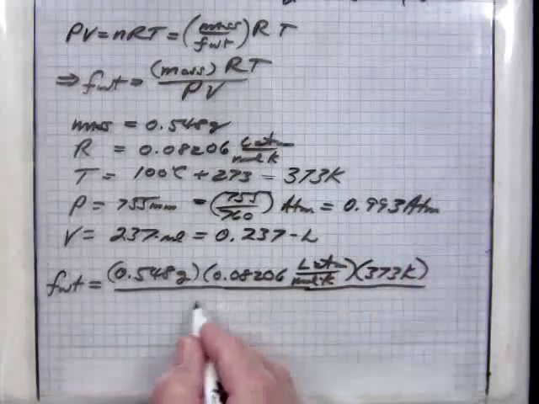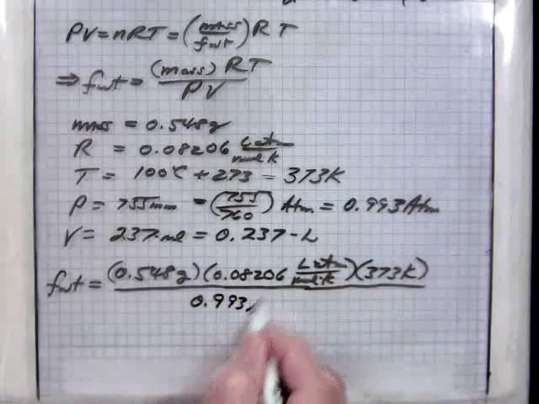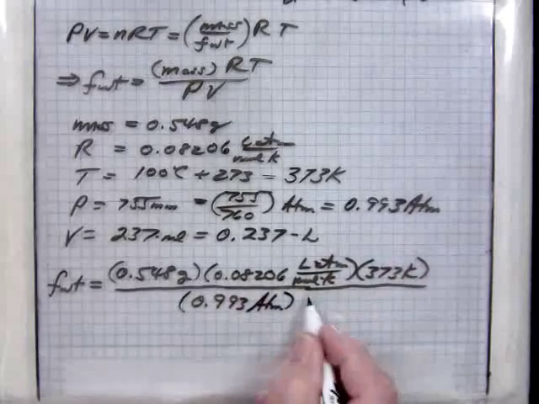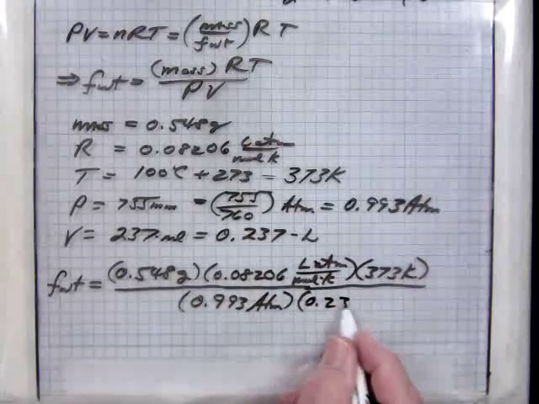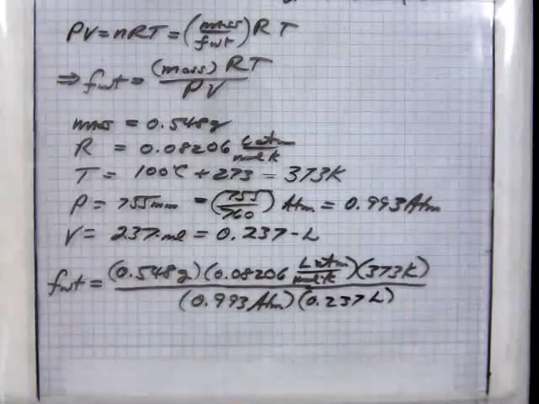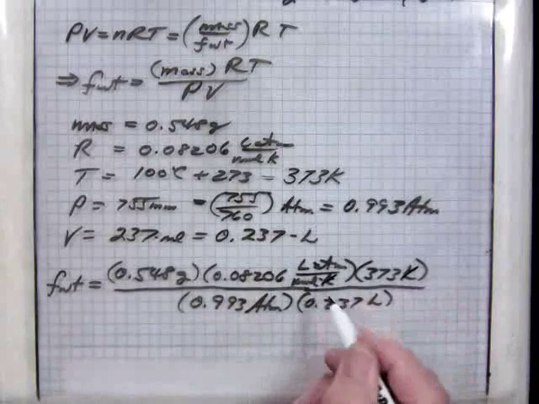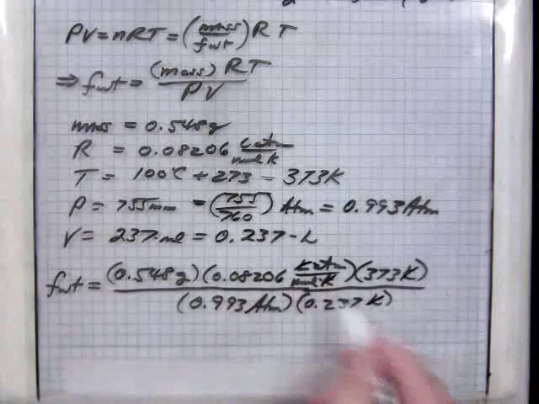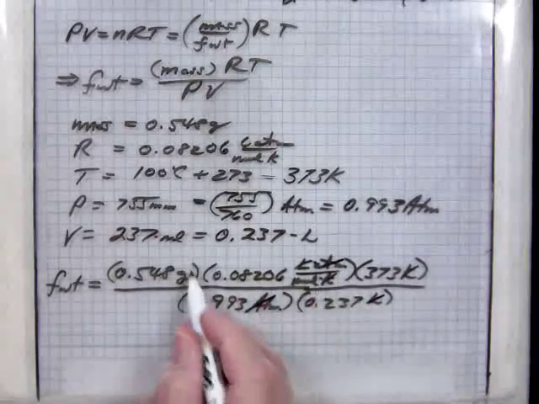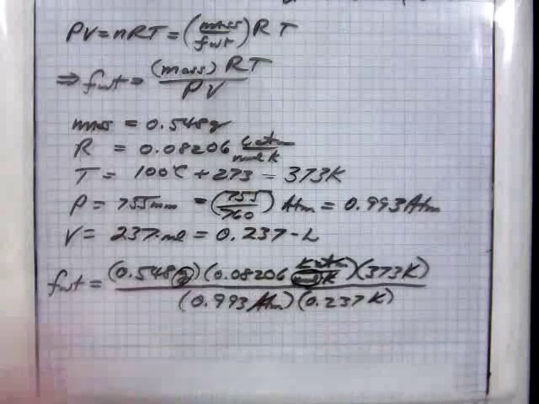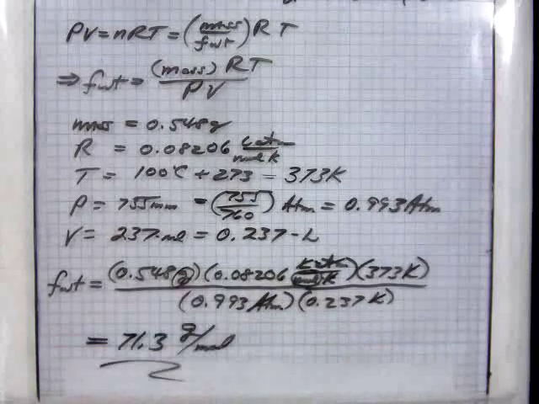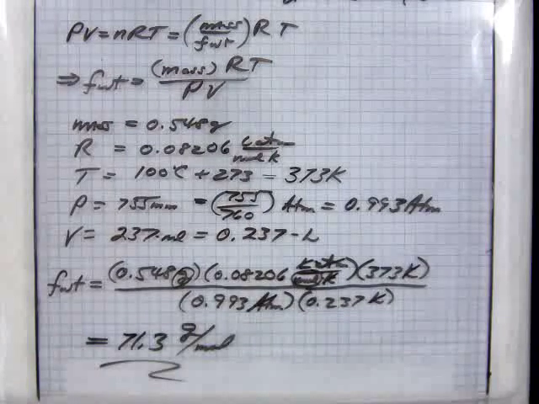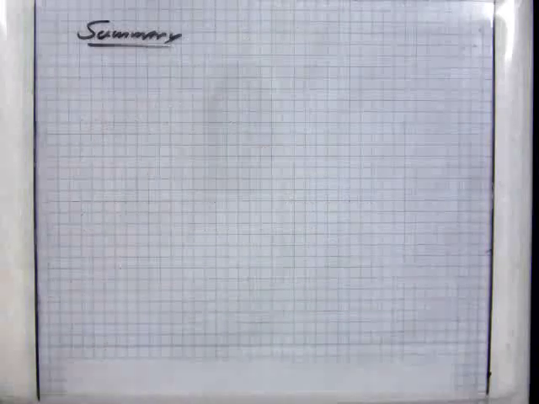Pressure is 0.993 atmospheres, so it's just more of a plug and chug kind of problem, and 0.237 liters. So we have Kelvin dropping out, liters dropping out, atmospheres, and we're left with grams per mole, which is the formula weight. And so that would be 71.3 grams per mole is what I'm calculating. Okay.